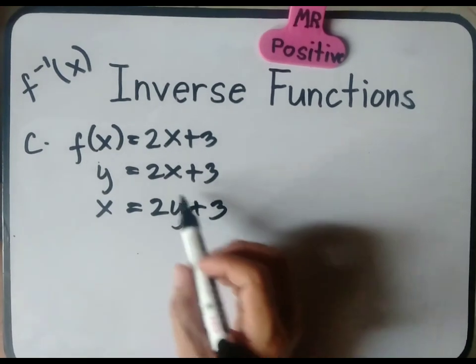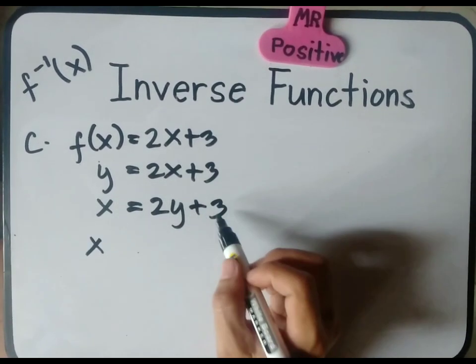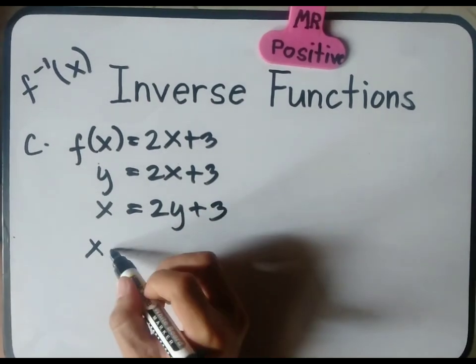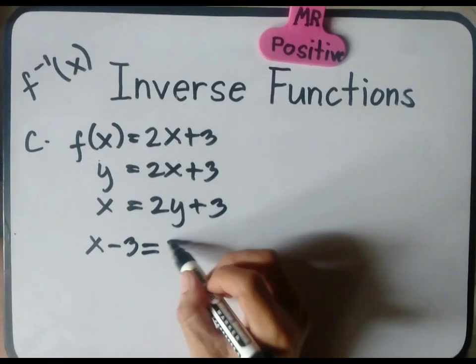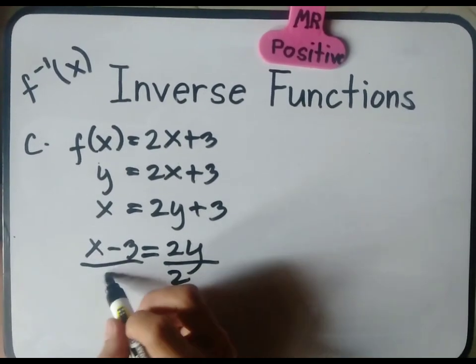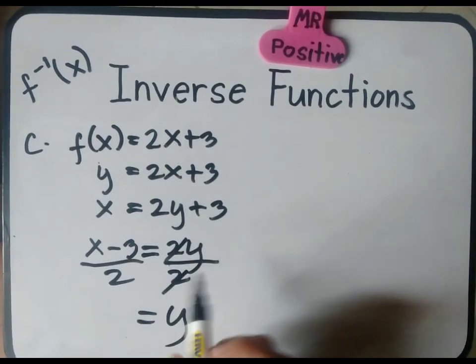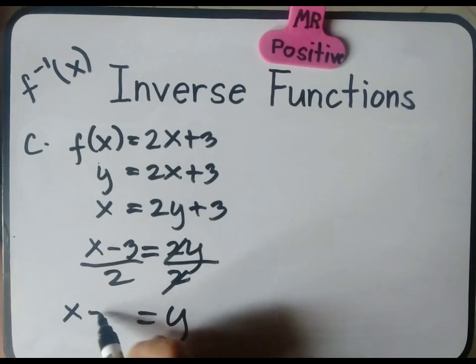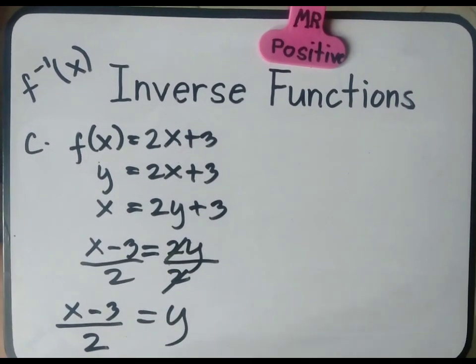Next, solve for the new y. So we have x, transpose 3 and it will become negative 3 on the left, equals 2y. And then to solve for y, divide both sides by 2. So we have y is equal to x minus 3 all over 2.